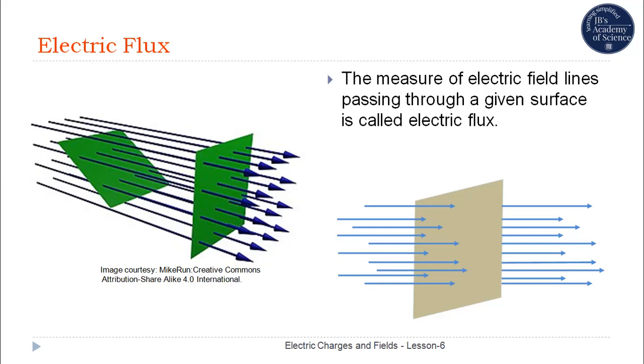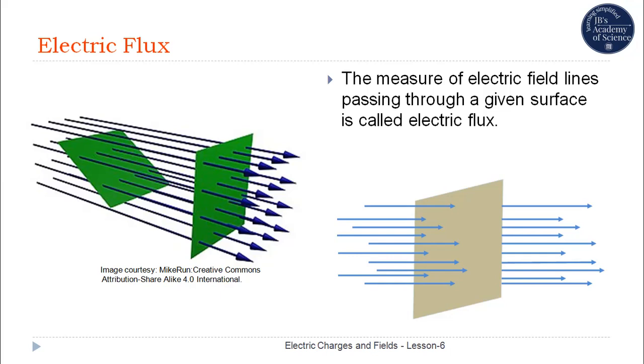In the first case, if it is perpendicular to the field lines, all the electric lines of force are passing through this area. That is, electric flux is maximum. In the second case, if it is inclined, some electric field lines are passing through it and some of them are not. That is, electric flux through this area is less.